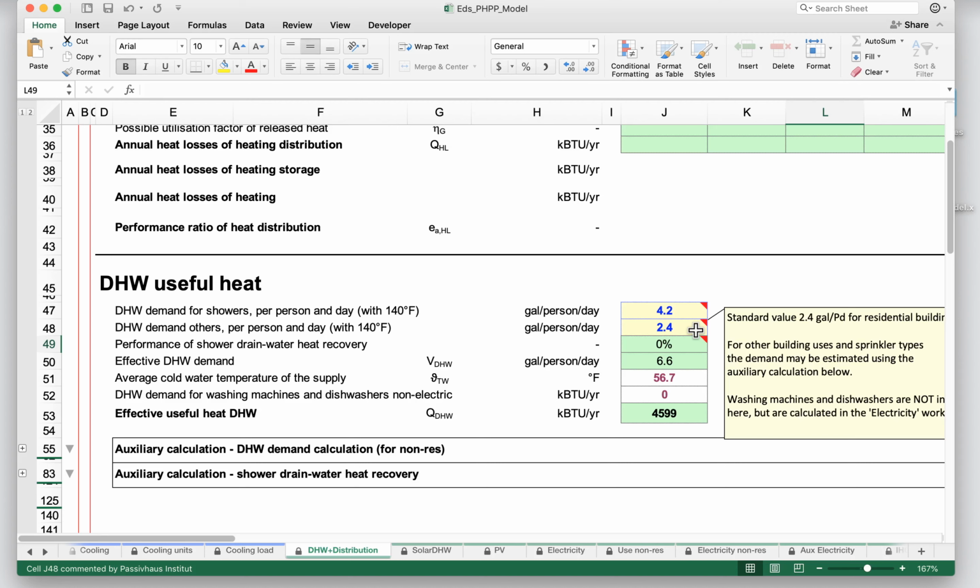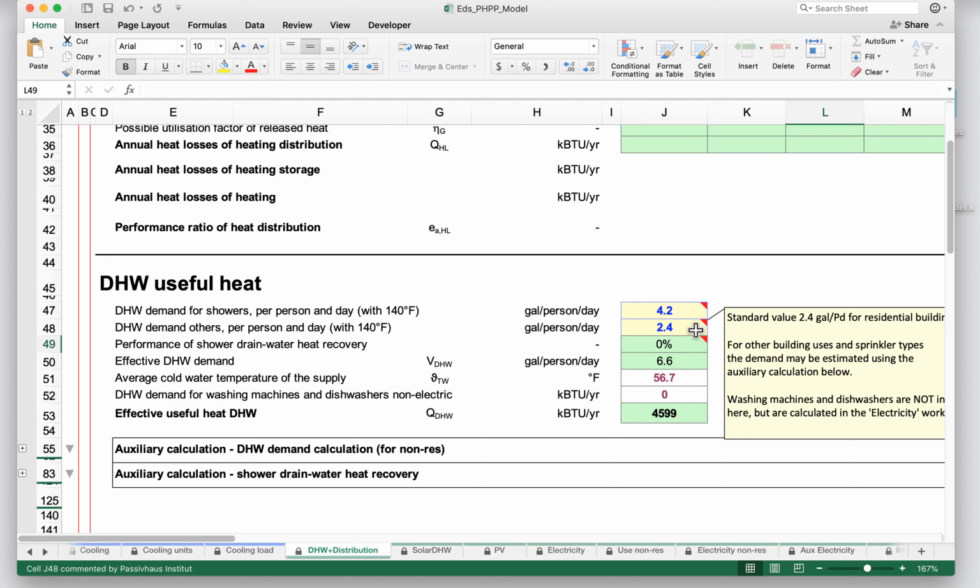So that's a low number given typical North American patterns of usage. Now, of course, what's a good number for North Americans? I don't know. We could argue about that till the cows come home. Suffice to say that this is a low number, probably not all that correct for North Americans, but it is the number that we're told to use for Passive House certification.